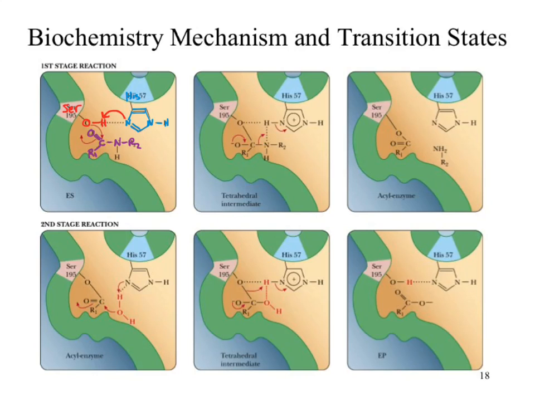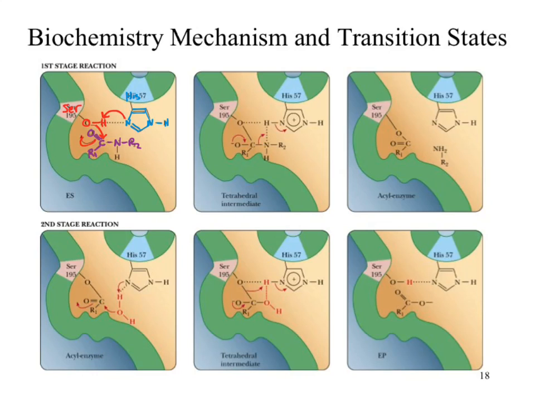But what ends up happening is that hydrogen now gets picked up by our histidine. The electrons now in that bond are technically associated with the oxygen, so we can take those electrons and attack our electrophilic carbon. But then that carbonyl carbon has too many bonds, so what happens?